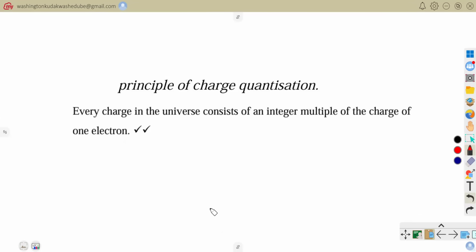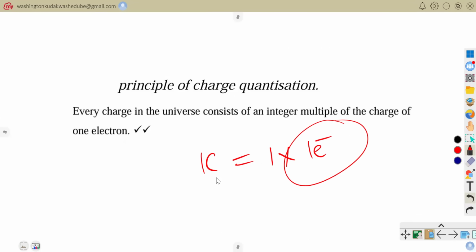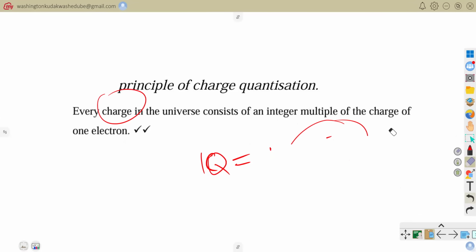So every charge in coulombs is given by the number of electrons times the charge of one electron. Every charge consists of an integer multiple of the charge of one electron. You would see where it applies.